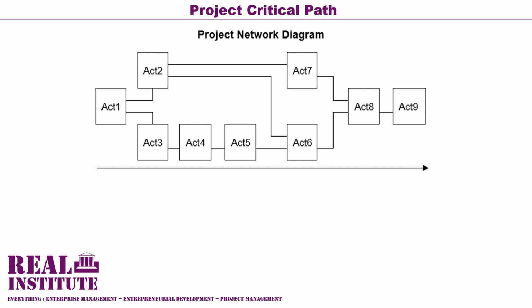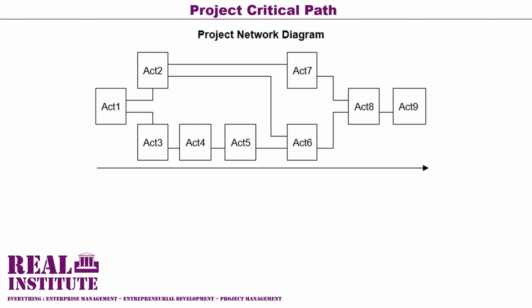If one activity between activity 2 and activity 5 finishes earlier than the other, say activity 5 finishes a day earlier than activity 2, activity 6 will have to wait until activity 2 finishes before it can start. Activity 7 has a dependency on activity 2. It can only start after activity 2 has finished.